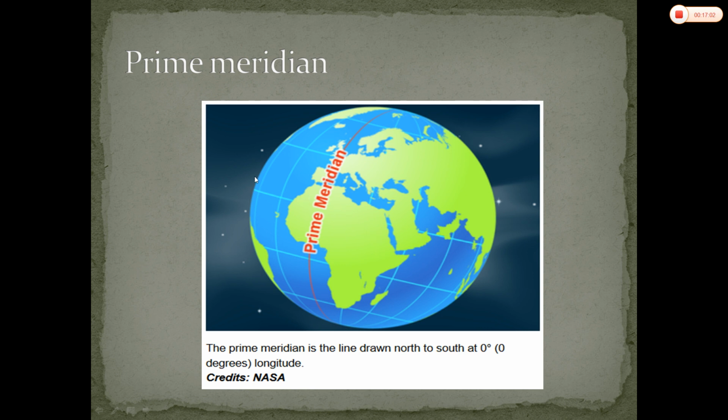As we go west, all the longitudes right from 0 degree till 180 degree are marked as W, that means western longitudes. Now, a very important fact is that 180 degree longitude on both sides is the same.